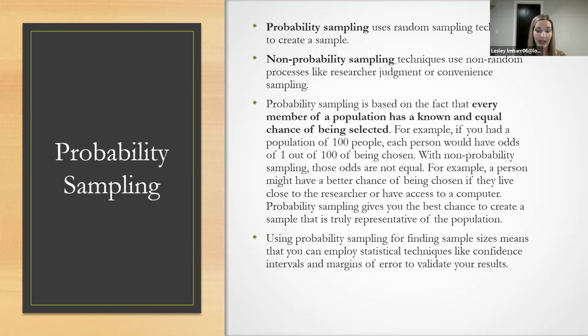Probability sampling, on the other hand, is what I mentioned earlier, is that you use random sampling techniques to create a sample. And so random sampling is considered to be a gold standard in many ways when we have a large participant population to pull from, because it helps us to be able to determine causation. So think of our logic model. One thing causes another.